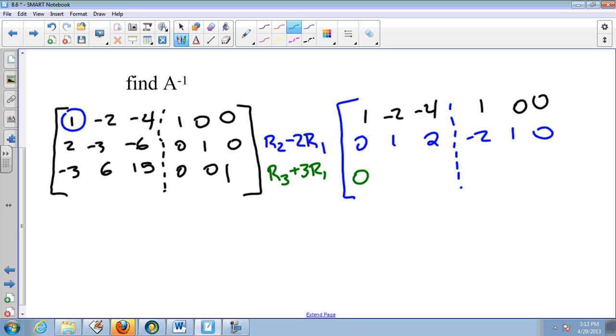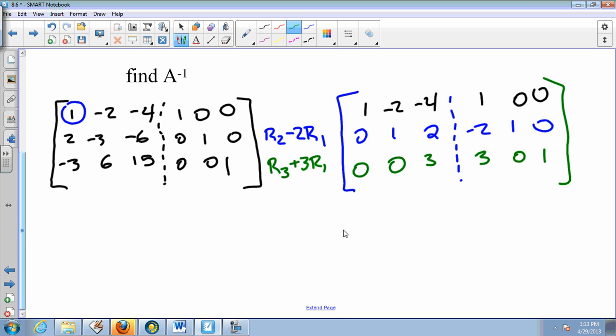So that's going to go to 0. This is as well 15 minus 12 is 3. And then 0 plus 3 is 3, 0, 1. So we now have almost half of our left side complete. We got 1, 0, 0, 1, 0. Now let's change this 3 to 1. I'm going to take 1/3 of row 3.